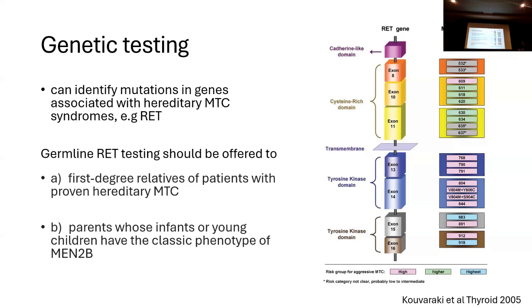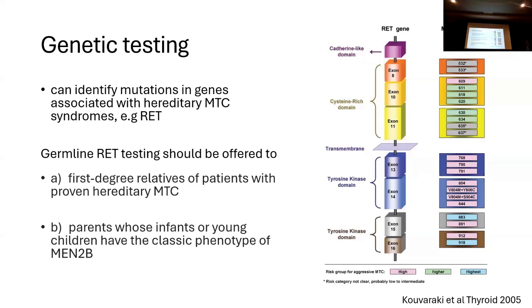And then if a RET mutation is present on the tumor, it's also important for medullary thyroid cancer that patients undergo germline testing, meaning trying to identify if a RET mutation is present in all the cells of the body. And if such is the case, then we do recommend that germline RET testing following genetic counseling be offered to first-degree relatives for a patient that has proven hereditary medullary thyroid cancer.